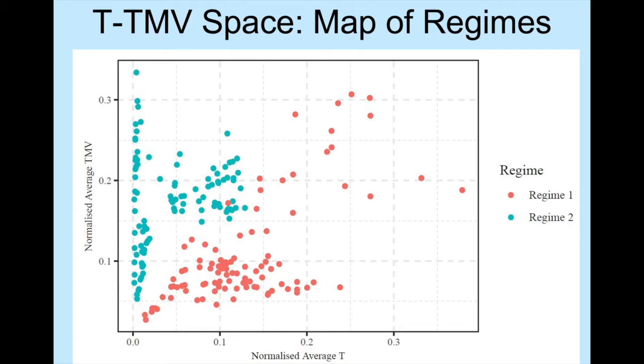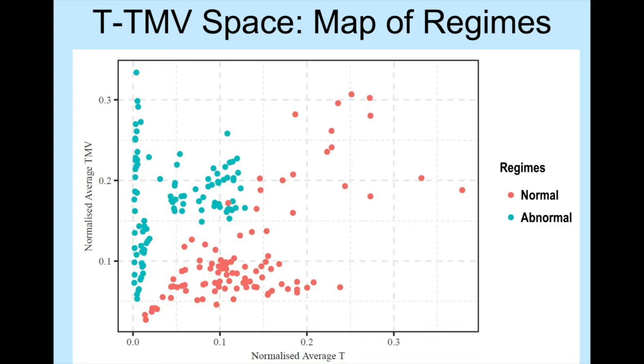The orange dots represent a regime with lower volatility compared to the turquoise dots. This is reflected by them having larger time and smaller TMV values. For convenience, we call the orange dots the normal regime and the turquoise dots the abnormal regime.